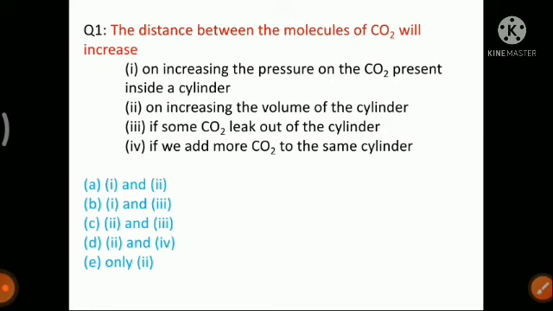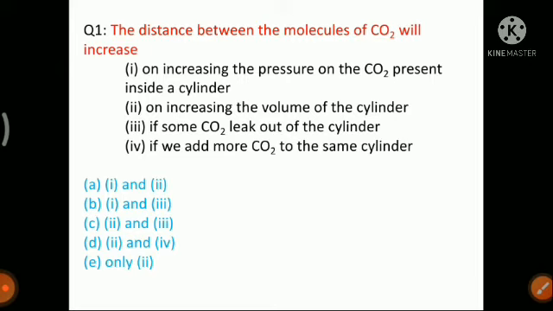and CO2 is carbon dioxide, will increase, and there are 4 conditions given. So when can the distance between the molecules of CO2 increase? Number 1, on increasing the pressure on the carbon dioxide present inside a cylinder. Number 2, on increasing the volume of the cylinder, that is if the cylinder size is increased.